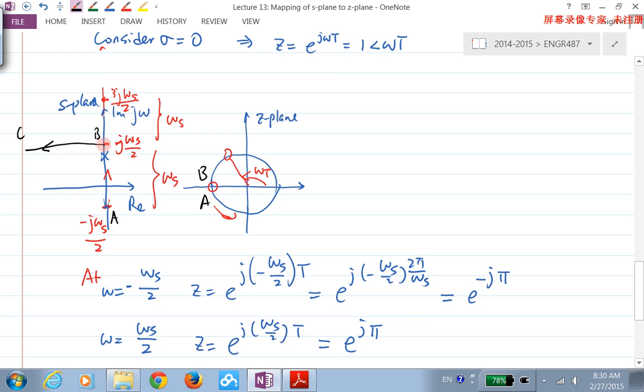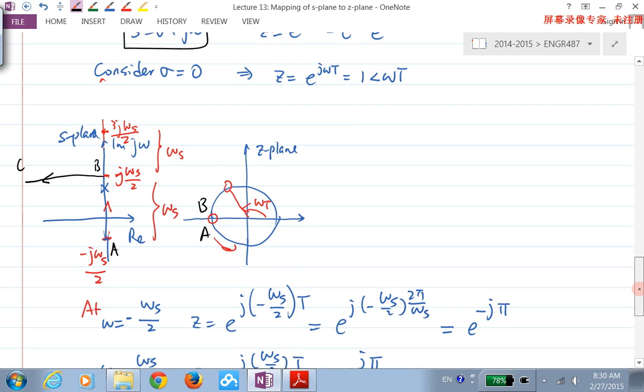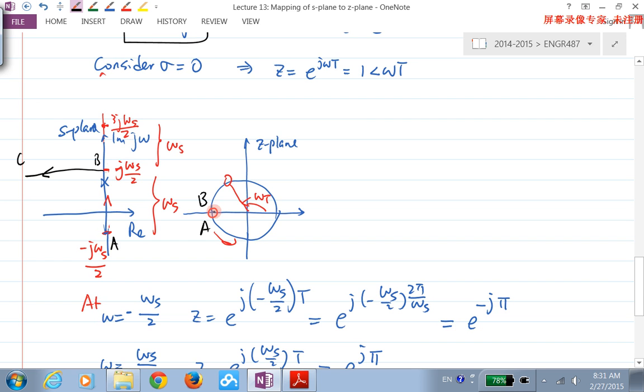Because omega is not changing, after the mapping theta is always omega t. So theta is not changing at all; all that changes is the magnitude. So you're tracking from B along the real axis and then moving back to the C location. I put a C on top of the axis here.